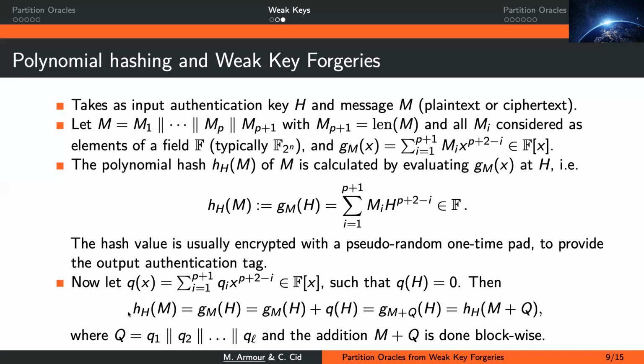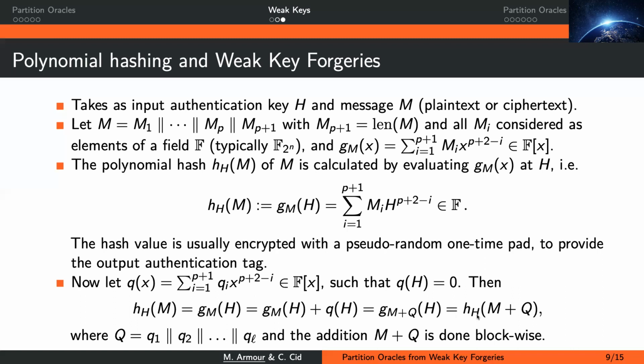Then if you think about the hash of the message, which is this polynomial g_M at H, that is equal to g_M of H plus Q of H, because Q of H is 0, which, because of the associativity of addition, is equal to g_M plus Q of H, and that by definition is the hash of M plus Q, where Q, capital Q, is the concatenation of the coefficients of the polynomial Q of X, and the addition is done blockwise.